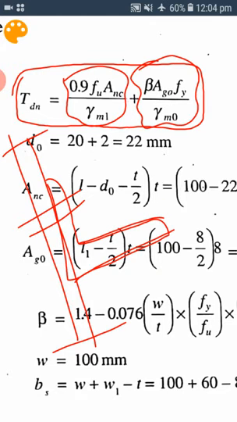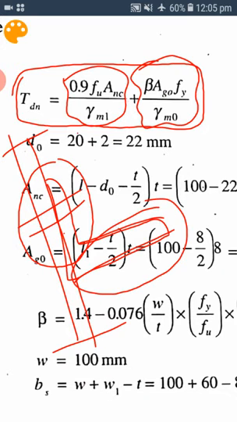So the net tensile strength will be the connected leg strength plus the outstanding leg strength. Then this beta is the correction factor.